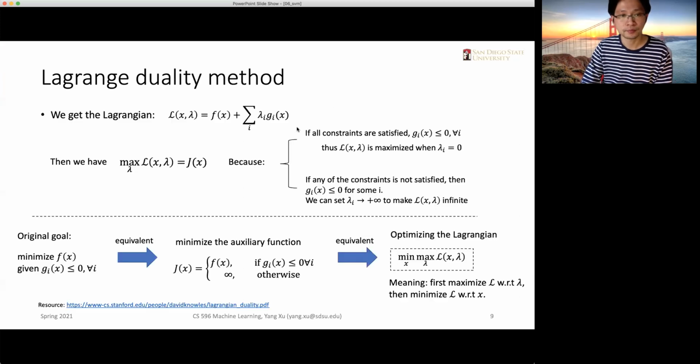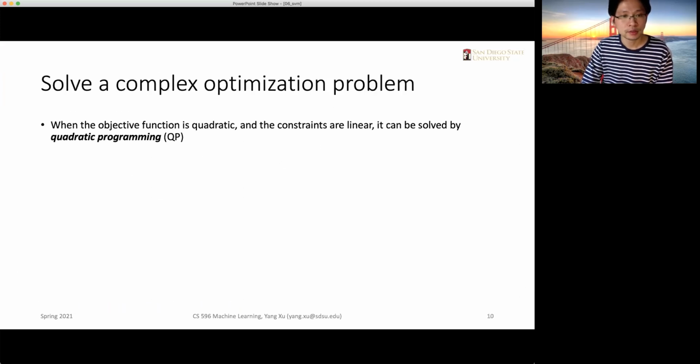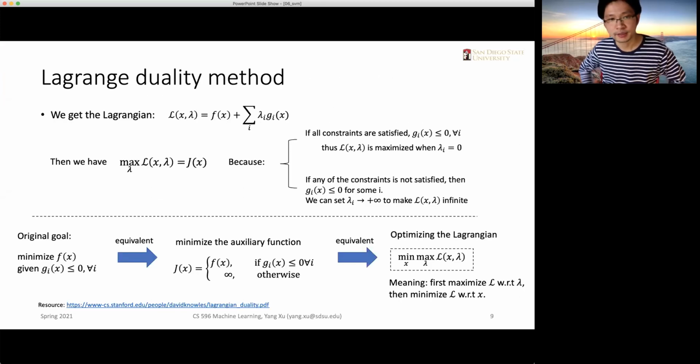All right. So solving such a complex Lagrangian optimization problem requires some well-defined optimization algorithms.